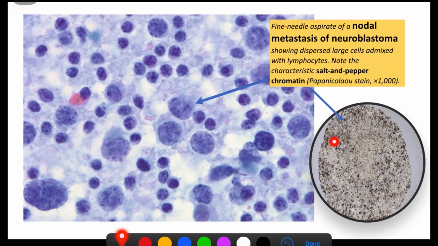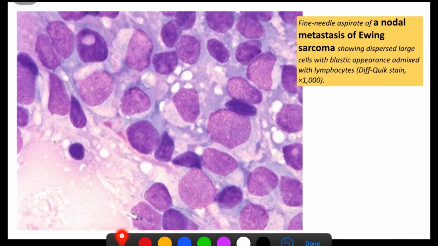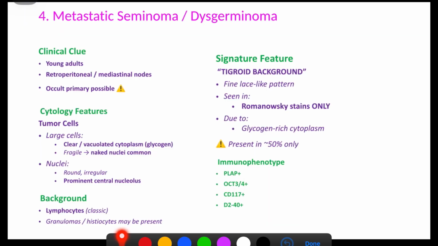So you can compare it with this salt and pepper appearance, which is the hallmark for neuroblastoma. Ewing sarcoma, where you see the blastic appearance of these dispersed large cells and having small lymphocytes in the background. We require IHC for confirmation.